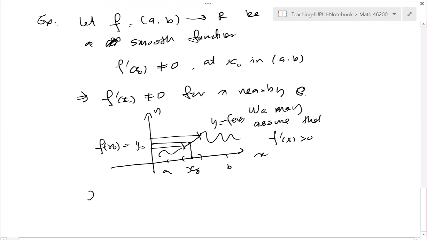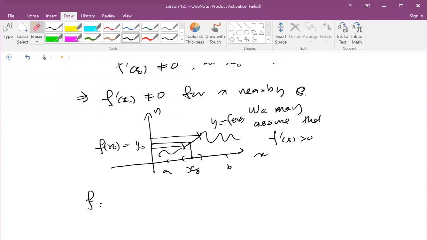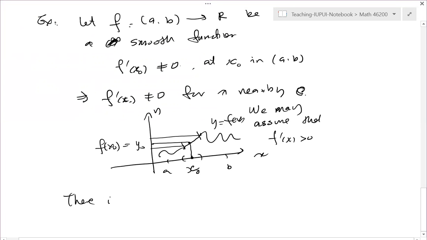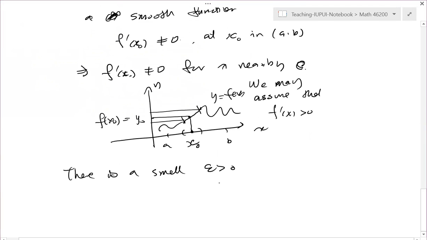More precisely, there is a small positive number such that f restricted to the interval around x naught is increasing.